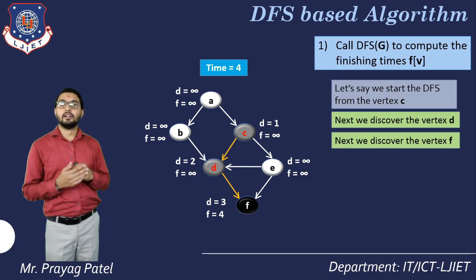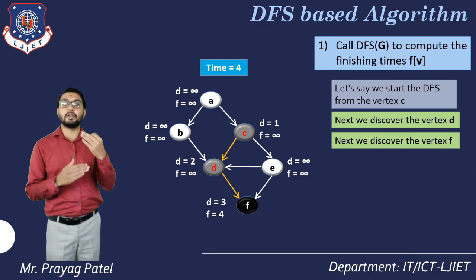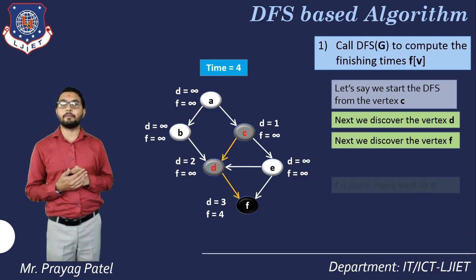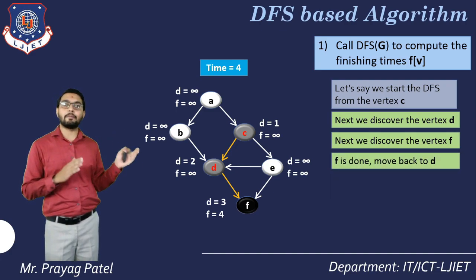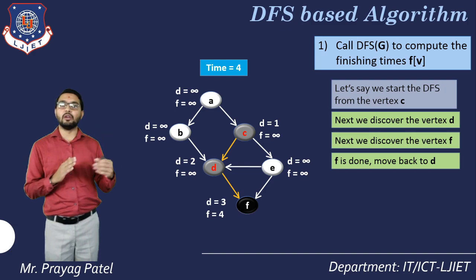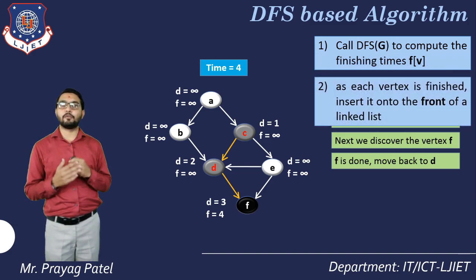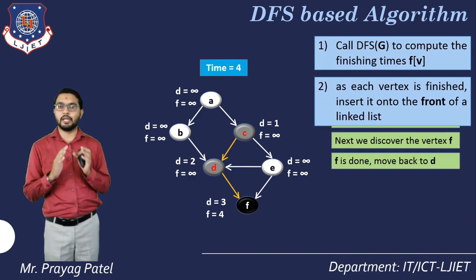So see here, now which is the previous node or parent node of the node F? Here consider the node D as the parent node of the node F. So F is done, move back to the node D. As each vertex is finished, insert it into the front of the linked list.